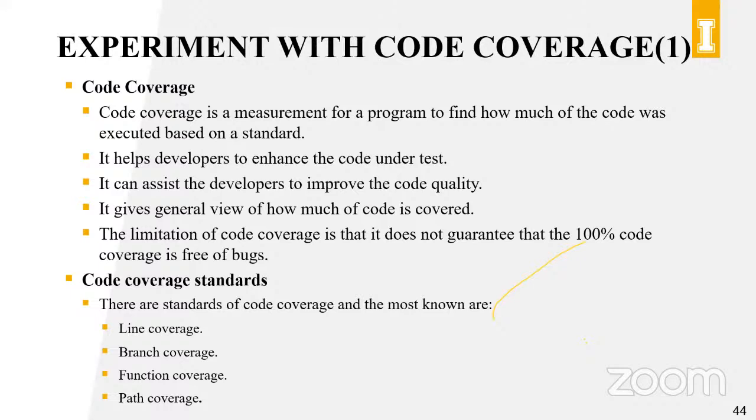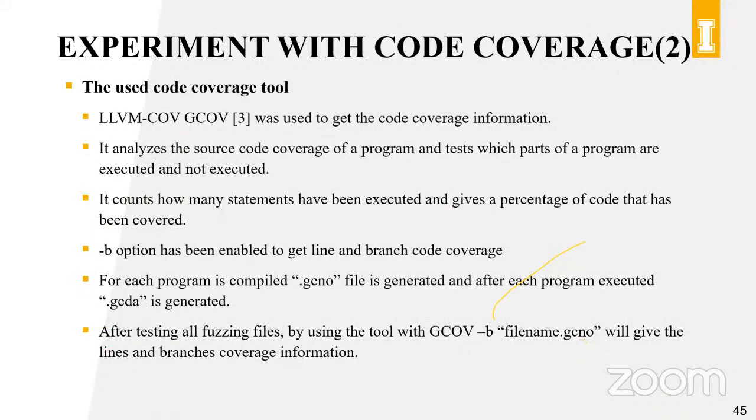There is standard line coverage, branch coverage, function coverage, and path coverage. We use LLVM-cov, gcov, which was used to get the coverage information for each program. It analyzes the code coverage, which parts are executed and not executed, counts how many statements have been executed, and gives a percentage of the code that has been covered.